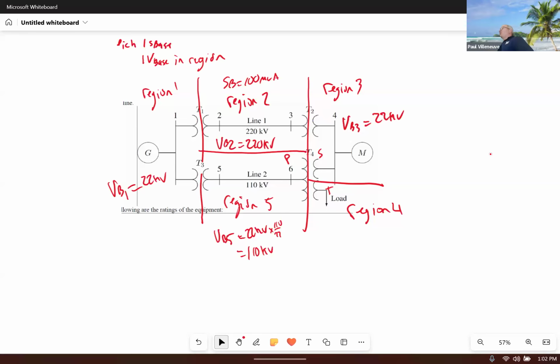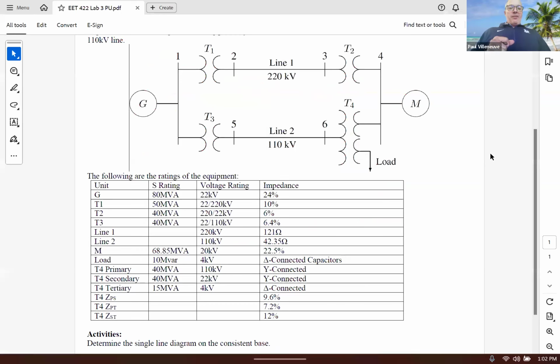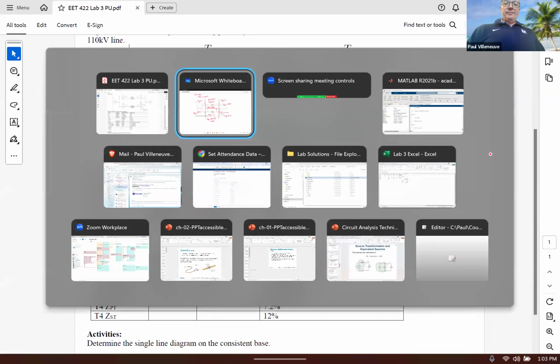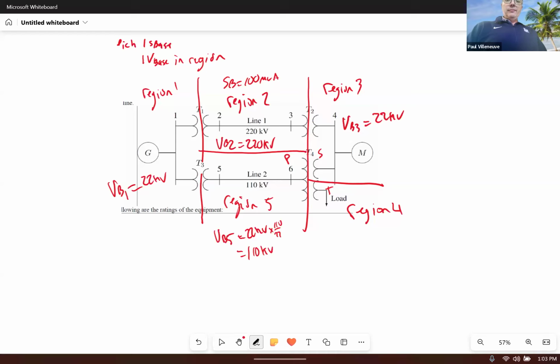So the primary is where most of the power comes in. That's the main winding. Secondary feeds some load, and then tertiary feeds just minor loads. So that's going from the primary to tertiary. That steps the voltage down to 4 kV. VB4 equals 4 kV.